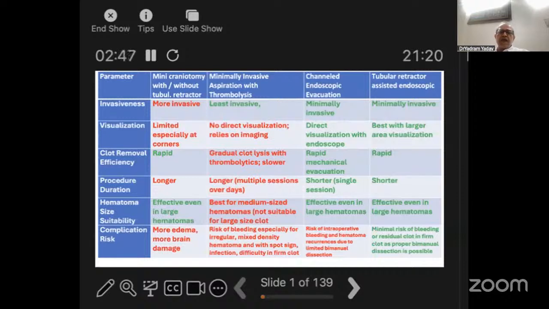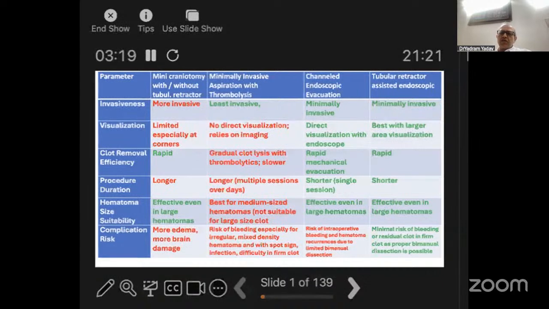Any hematoma which has a risk of rebleeding, like those with the spot sign or dot sign, where the chances of rebleed are high, such a technique should not be done. It also carries increased risk of rebleeding and infection, especially if the clot is firm, and in cases where there is a spot sign, where there is increased risk of rebleeding.